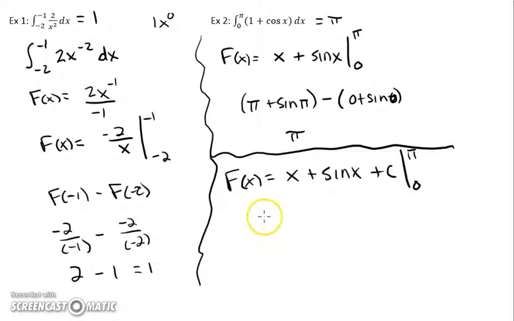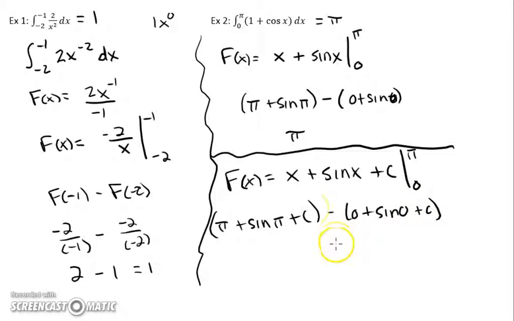But what's going to happen when we do that is we're going to get pi plus sine of pi plus c minus 0 plus sine of 0 plus c. And this plus c minus plus c are going to cancel out every single time on every single problem. So if we're finding a definite integral, we don't really need to worry about our plus c because they're going to end up canceling each other out.